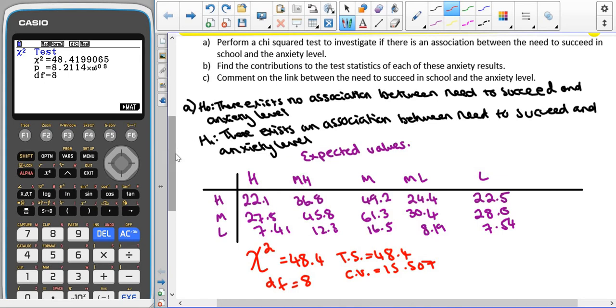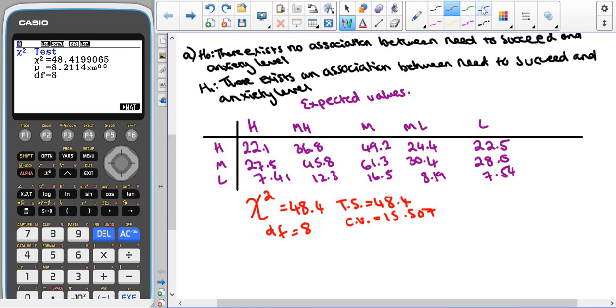So, because our test statistic is bigger than our critical value, that means that we reject H0 at a 5% significance level.